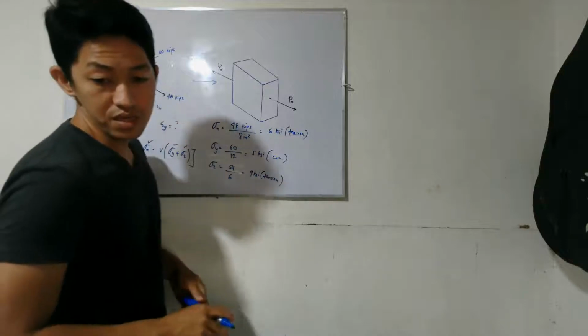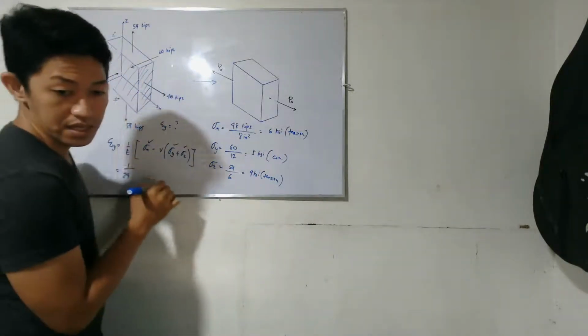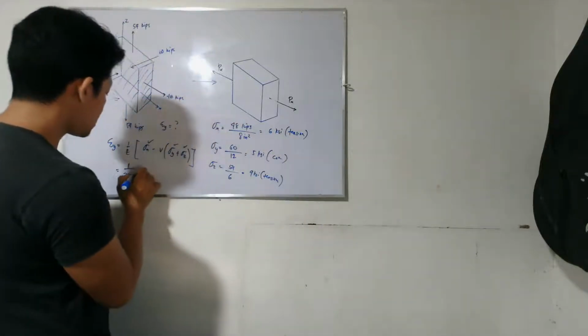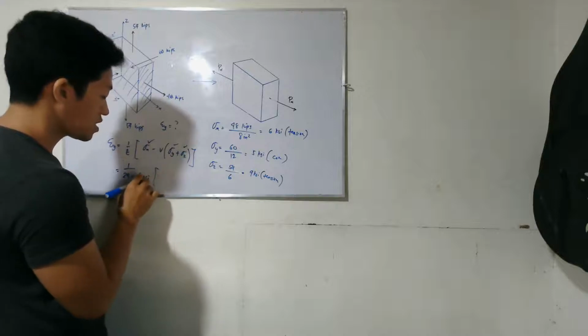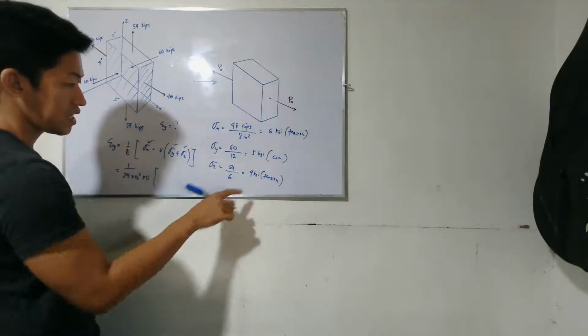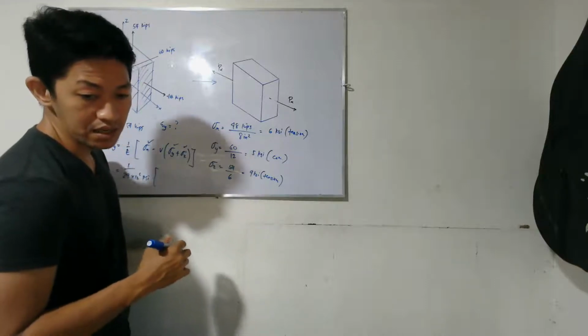Given the modulus of elasticity, which is 29 times 10 to the 6 PSI. Take note, it is PSI, so we convert using times 1,000.